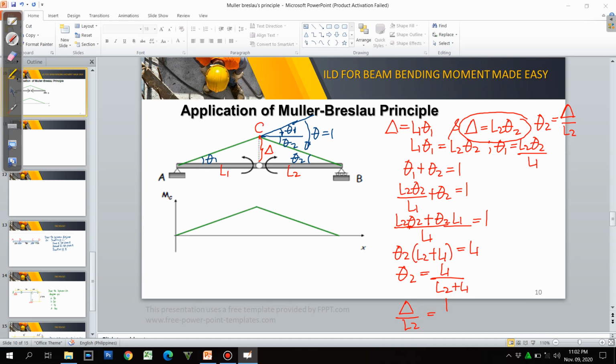Thus, this is L1, L2 plus L1. Finally, this will cross multiply to the right side. So delta will just be equal to L1 L2 all over L1 plus L2. So we can actually interchange that one.